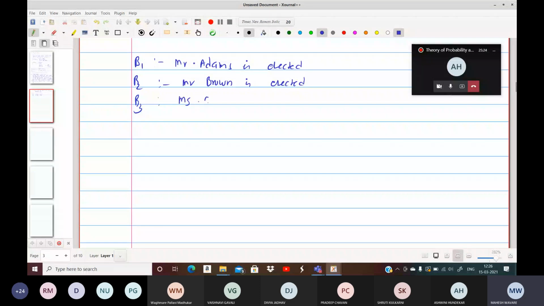Now, find the probability that there will be an increase in membership fees. So let us denote A as membership fees are increased.